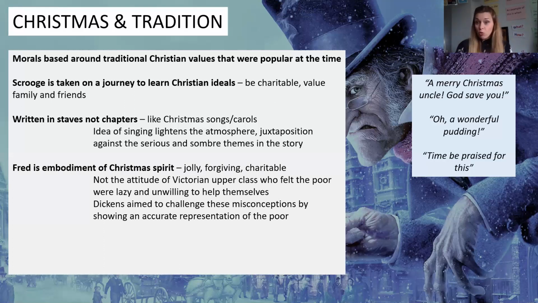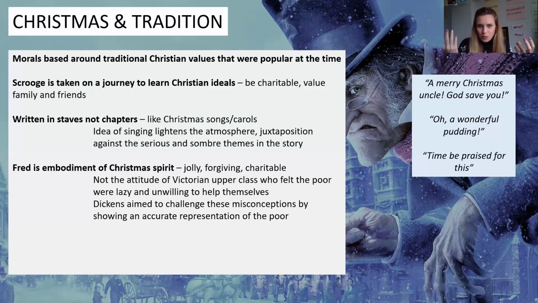If you can think about a quote where Scrooge says, reduce the surplus population, like I'm not giving them my money, like they're not my problem. And actually, what's happening here is Dickens trying to challenge those misconceptions. And he does that through Fred, through the Cratchit family, where actually these poor families are represented as the opposite to Scrooge.